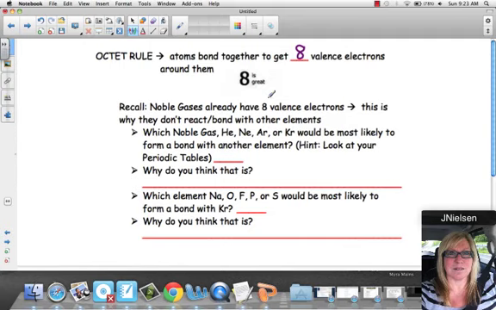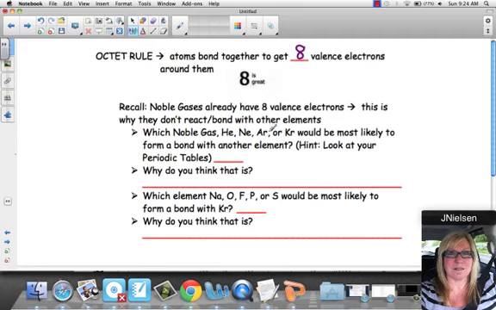Which noble gas, helium, neon, argon, or krypton, would be most likely to form a bond with another element? So I want you to look at your periodic tables. Out of helium, neon, argon, and krypton, what did you find out? Well, hopefully you said it was krypton. And if you look at your periodic table, the reason being is it has the most shielding, or it has a non-zero oxidation number.